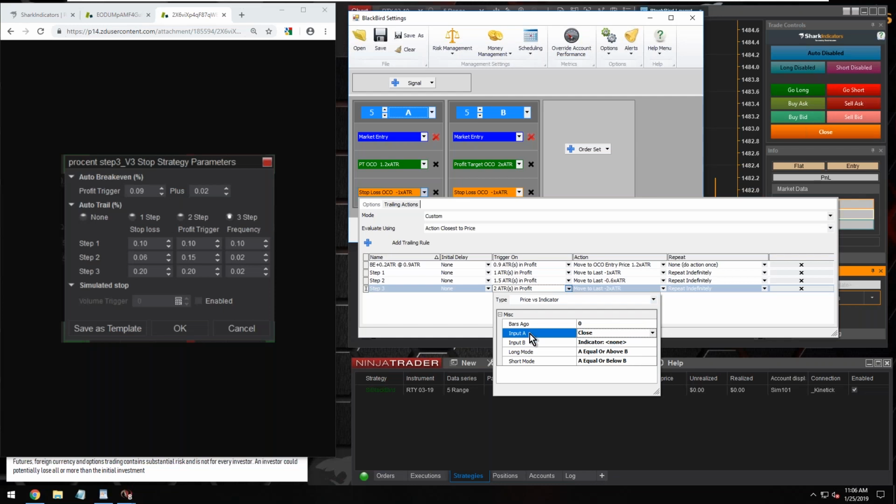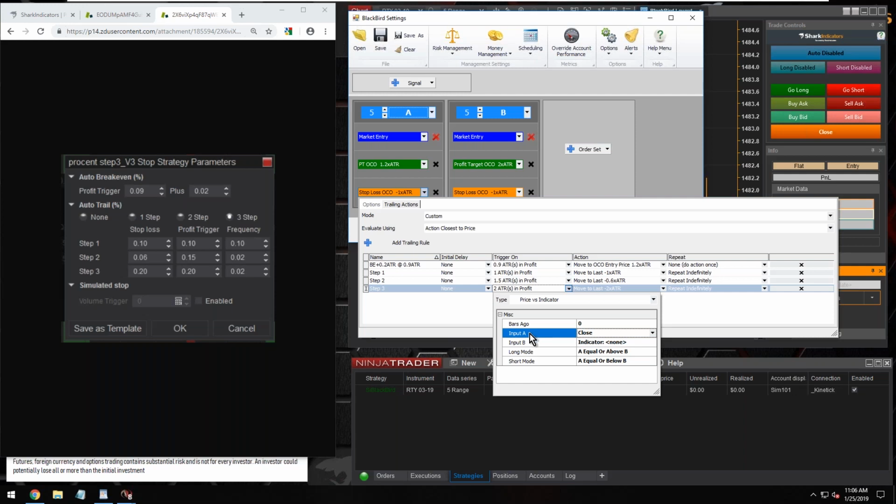So, input A. When you're calculating profit or loss, you always have an anchor price, which is your entry price. Your entry price is your base point from which you measure your profit or loss.